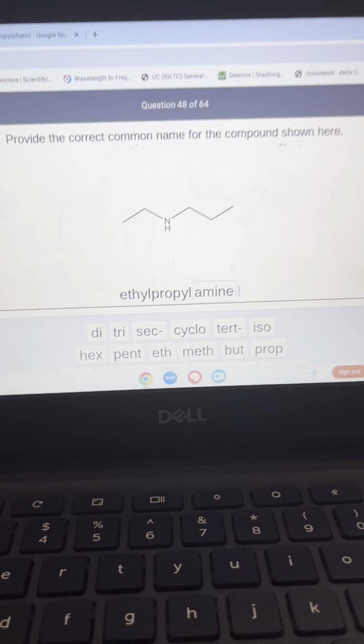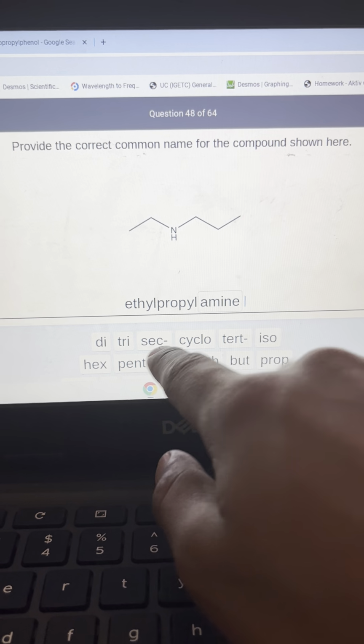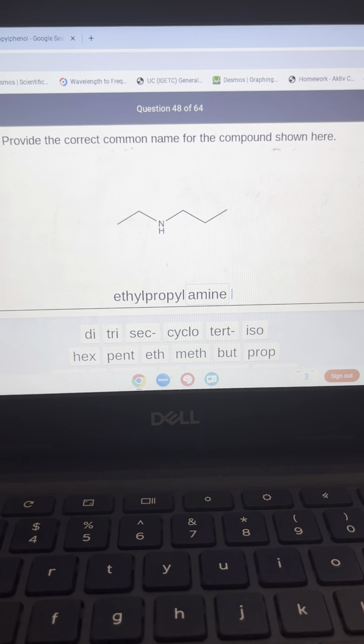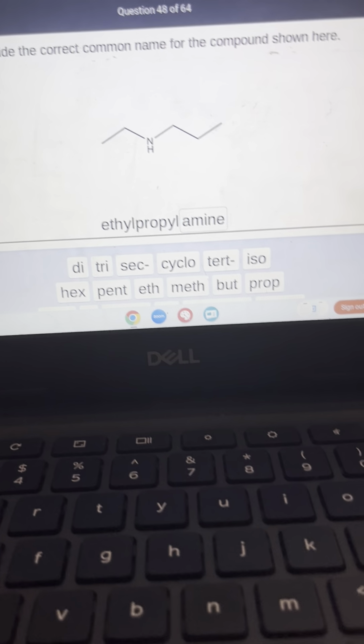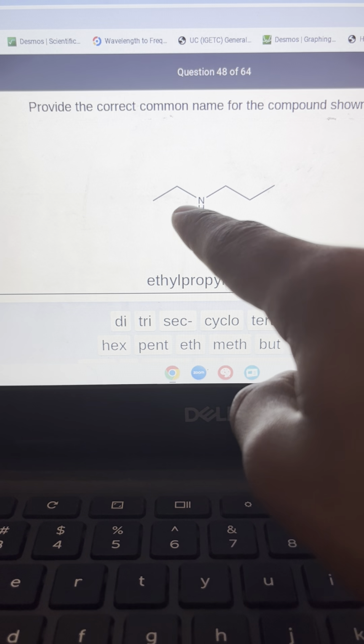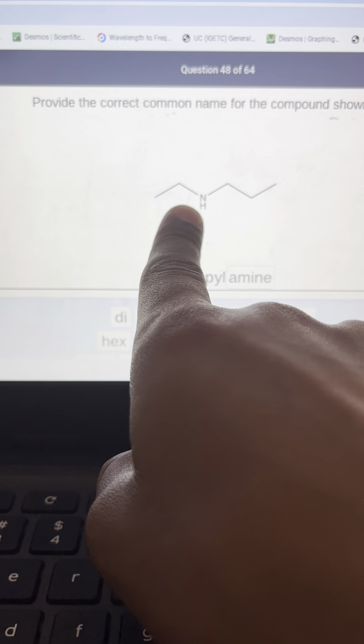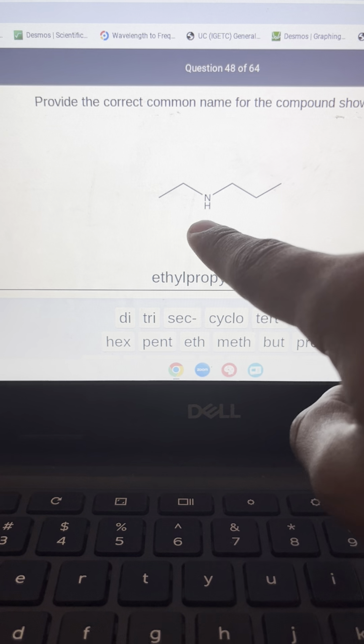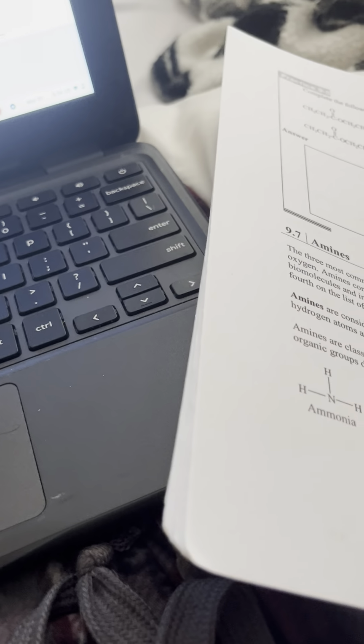Remember, if you're looking for common name, you're never going to use numbers, okay? Just remember that. So here we have the amine, because nitrogen, and then the hydrogen, that's just a part of it, because that's the hydrogen on the amine.